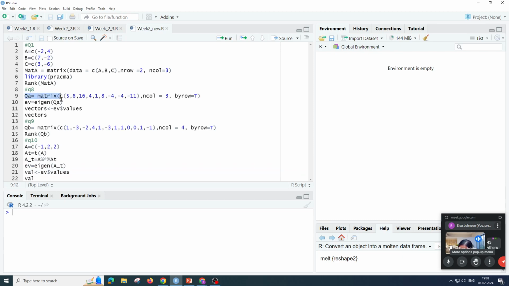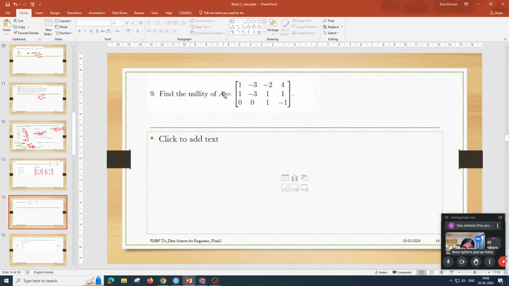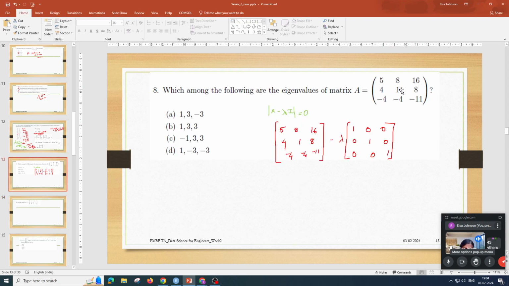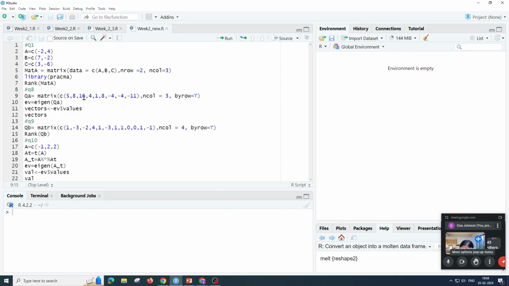I have just put the matrices here: 5 8 16, 4 1 8, -4 -4 -11. I just formed a matrix with that, giving number of columns equal to 3 and by row equal to T.